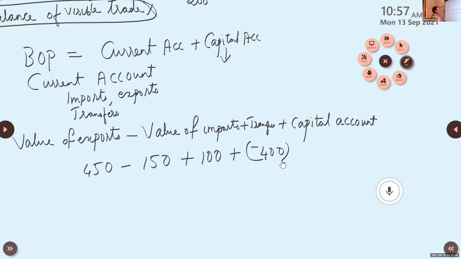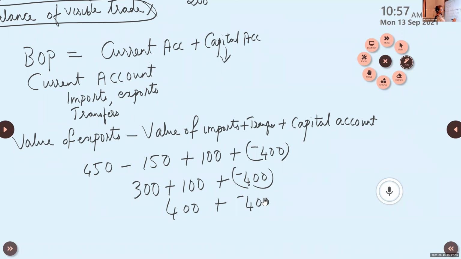Now, 450 minus 150 is 300. 300 plus 100 is 400. Here 400 plus minus 400, what will be the answer? 0. So is this in balance or not? Yes.